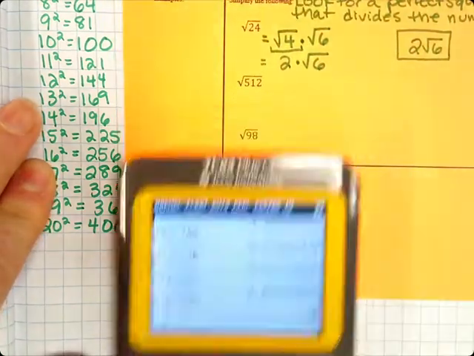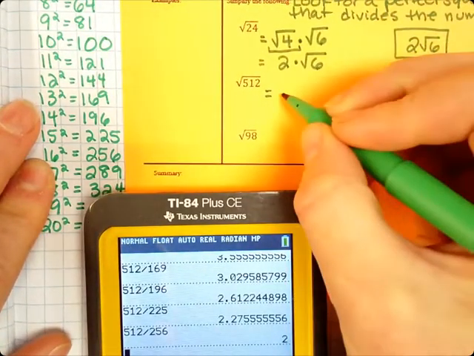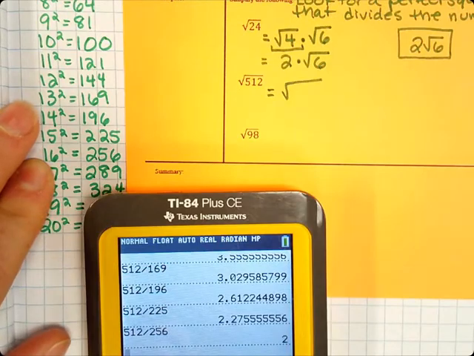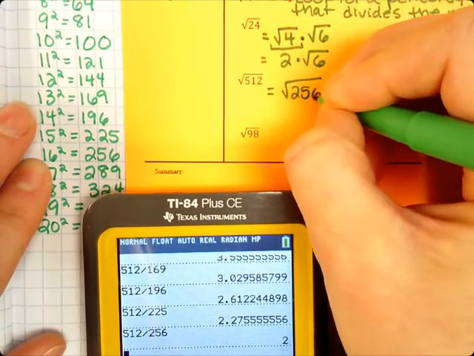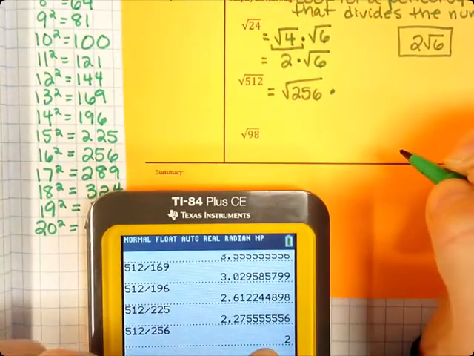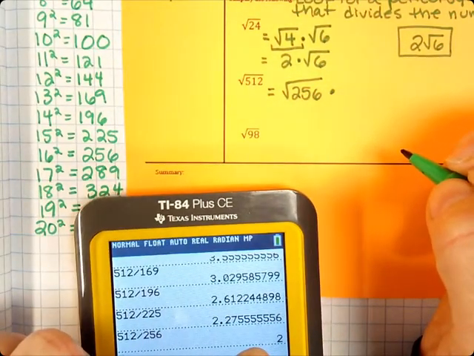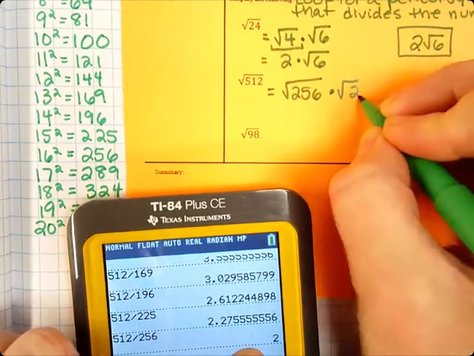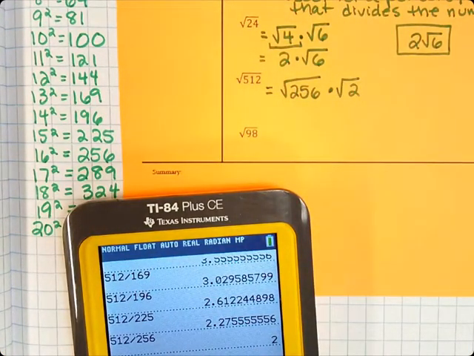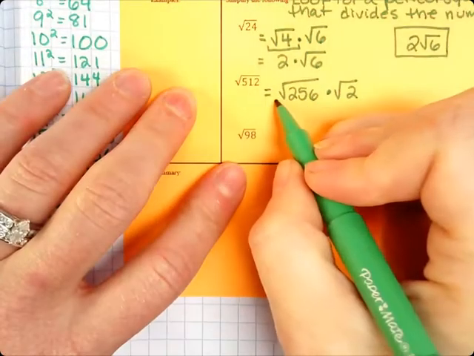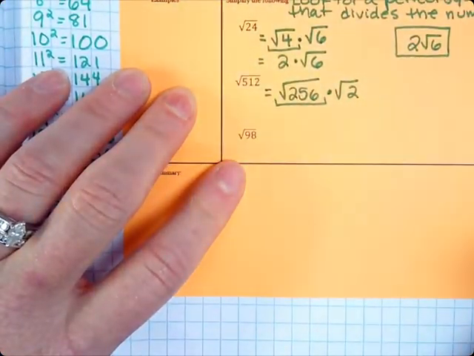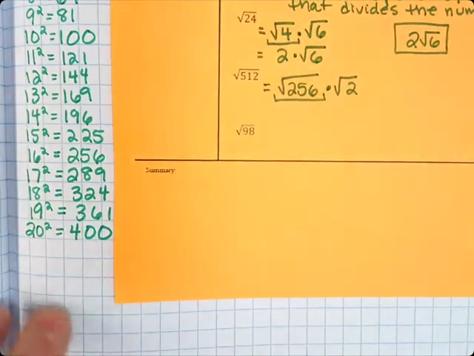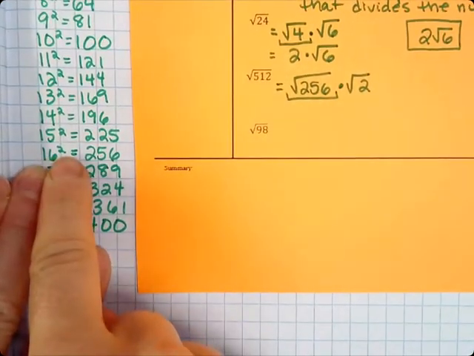So we're going to rewrite this as the square root of the largest perfect square that went into it, 256, times the number that would be multiplied by 256 to get 512, square root of 2. Then we actually take the square root of the number. So square root of 256, which is 16.